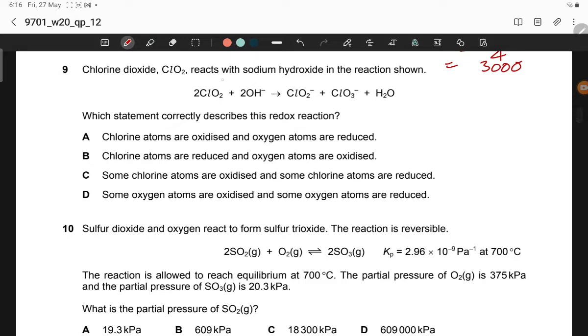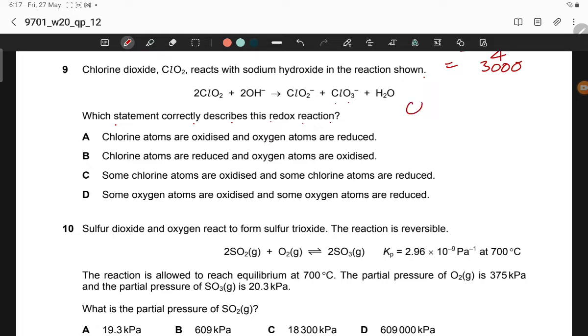Chlorine dioxide reacts with sodium hydroxide in the reaction shown. Which statement correctly describes this redox reaction? Chlorine atoms are oxidized. Over here chlorine atom is oxidized, ClO2 and ClO3.